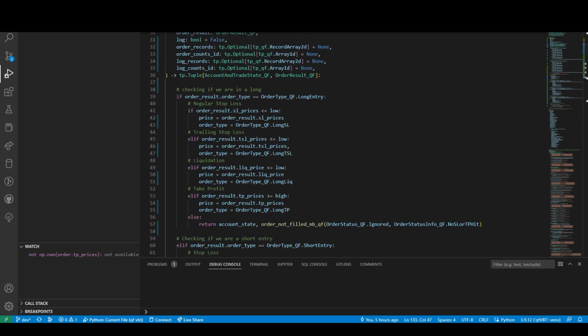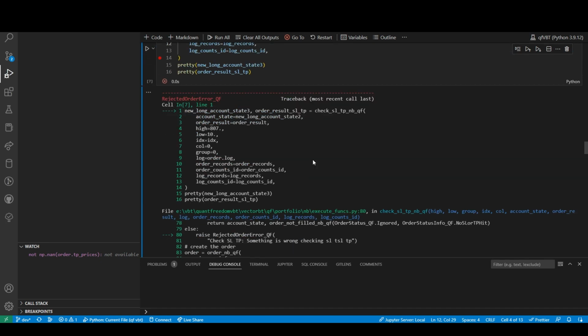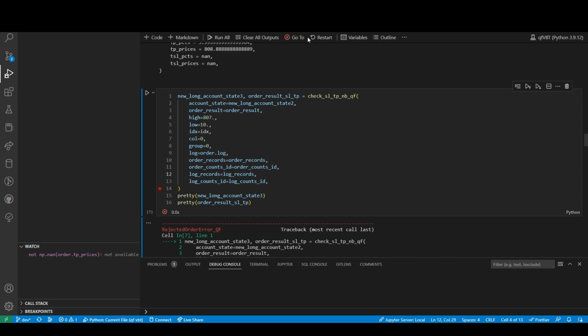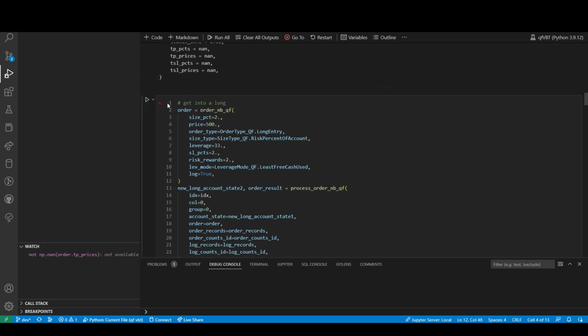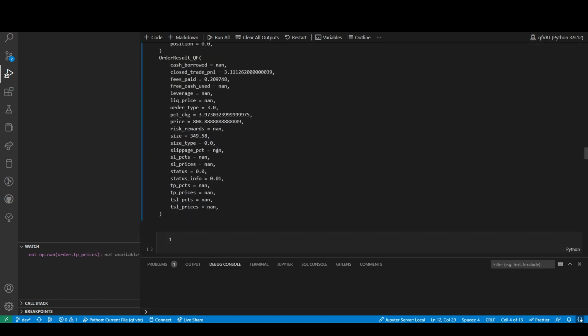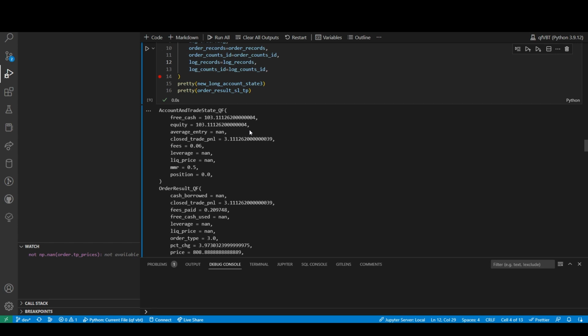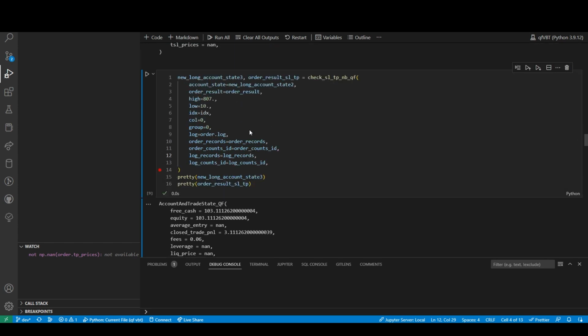Yeah, I think just labeling it as TP, stop loss TP. I think we have to label it as something else. Right?